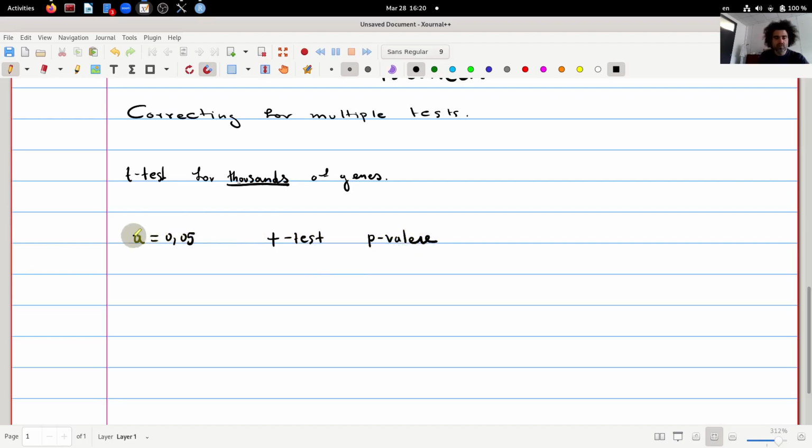So the null hypothesis in this test is that in the two categories, let's say healthy people and sick people, the mean expression value is the same between them. So this is the null hypothesis.